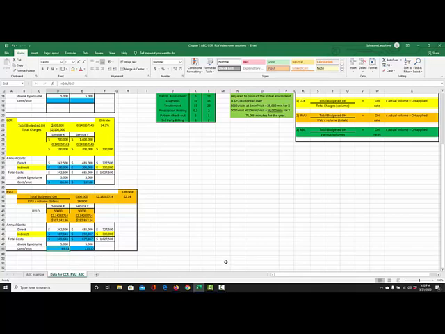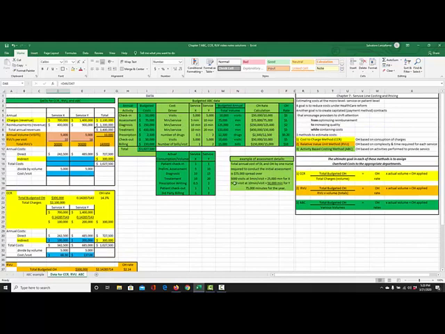Okay, so to do ABC, I had to take what was given in the textbook and put it in a format that I think would be easier to understand. So what I did was I created the annual activity. Remember, we're trying to find the cost drivers to these activities. What would be a cost driver for checking in? Number of visits.